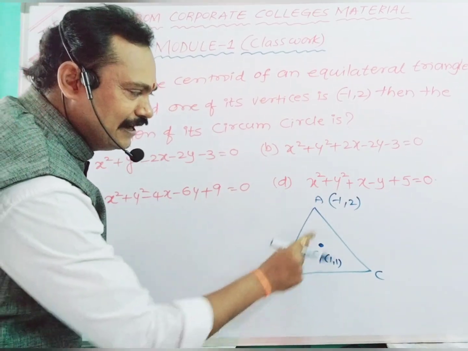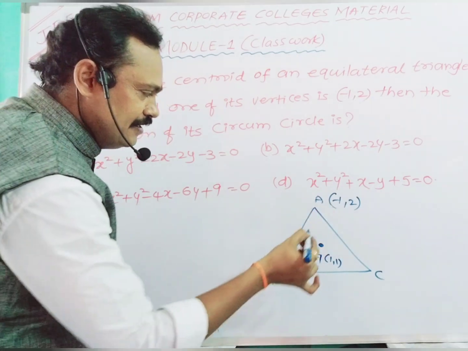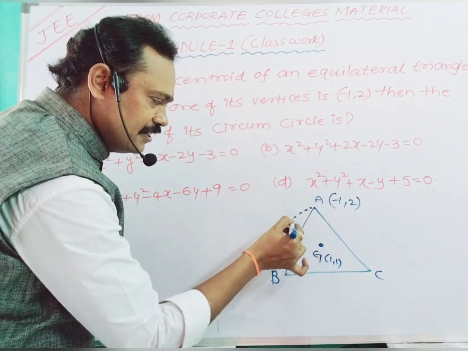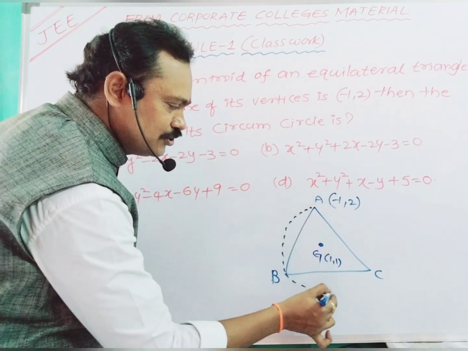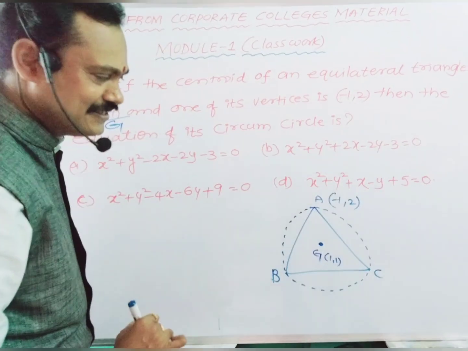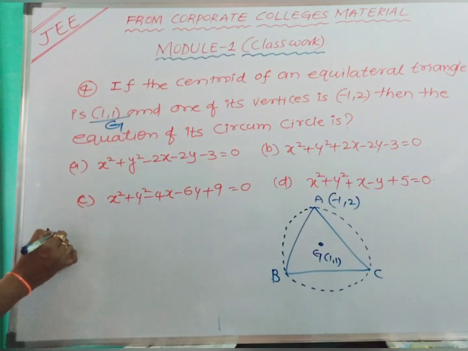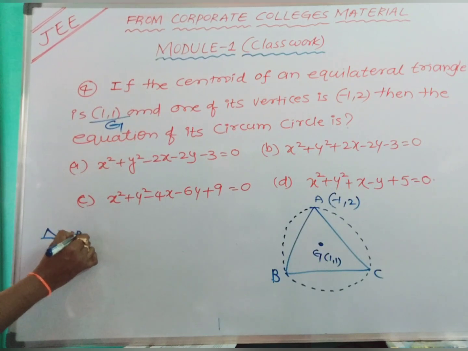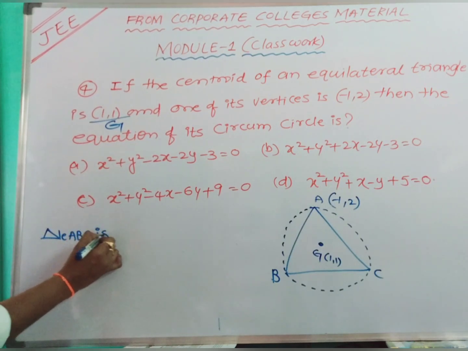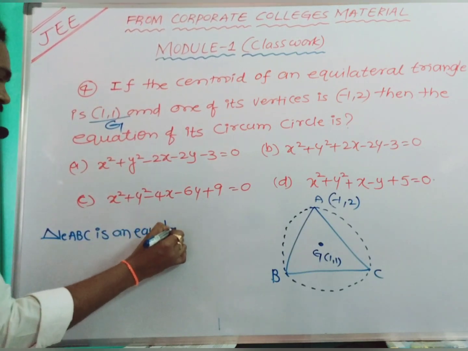A circumcircle means a circle which passes through all 3 vertices of a triangle, right? Now triangle ABC is an equilateral triangle. This is already provided.